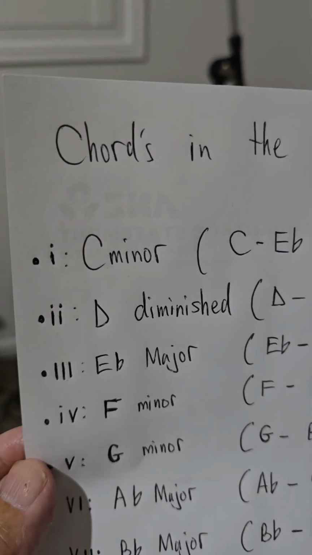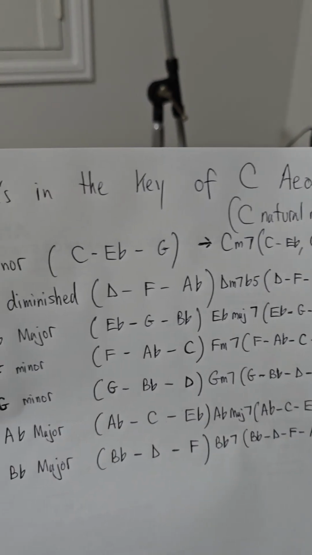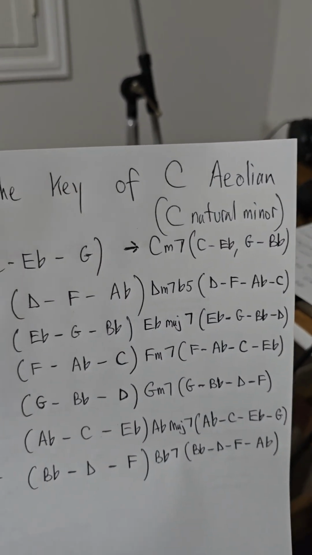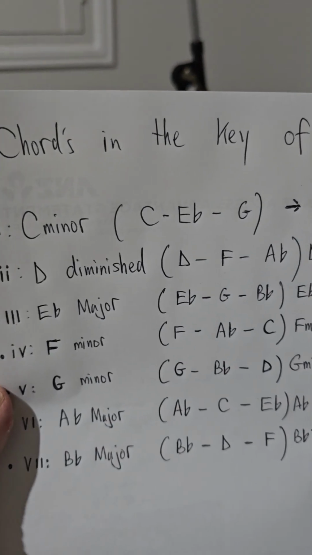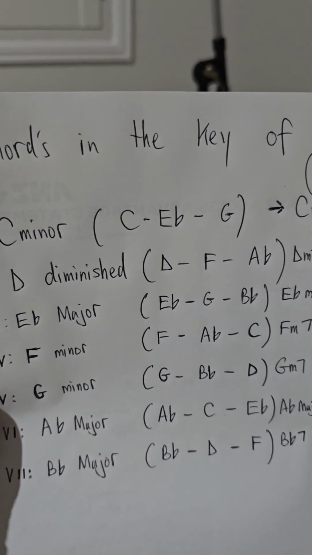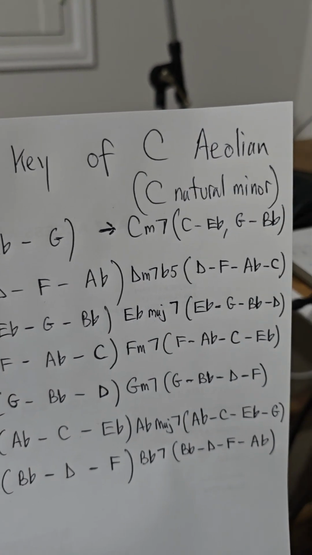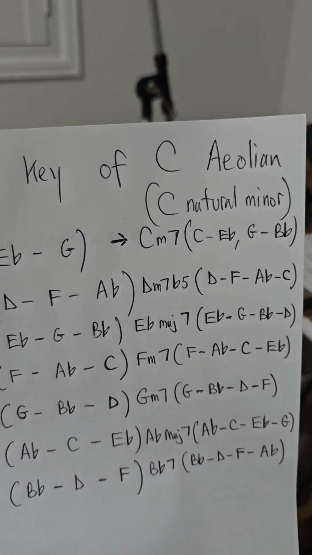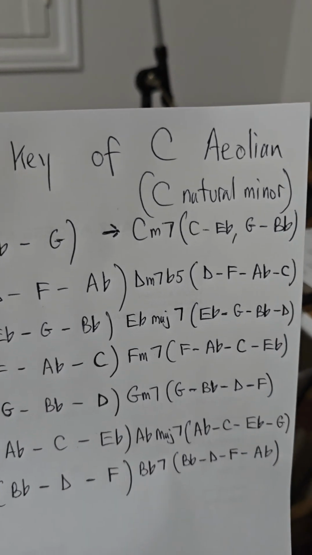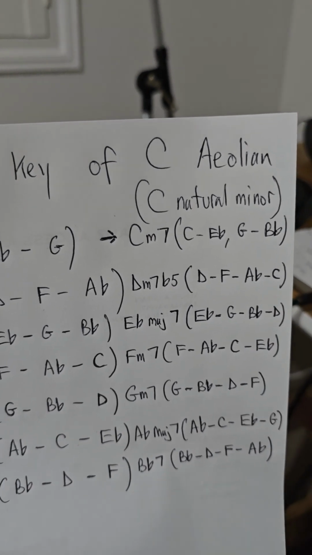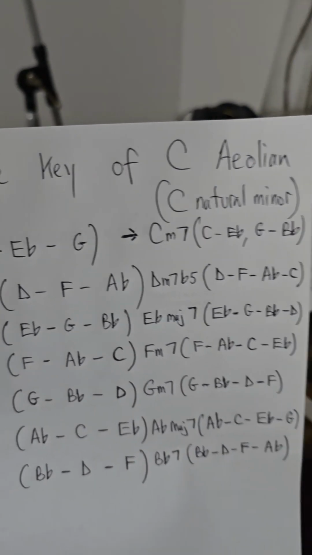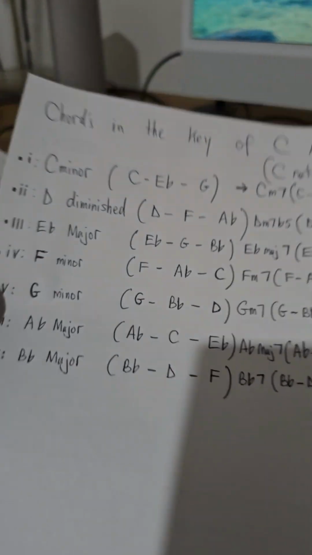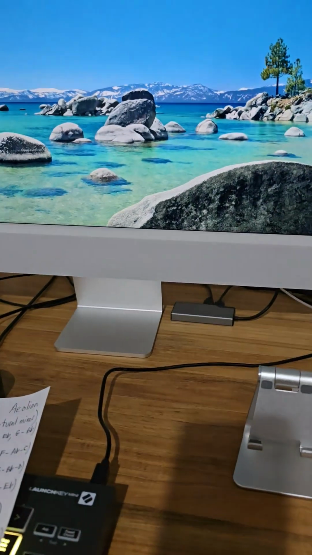And so C minor seventh, then we have D diminished, which is D, F, A flat, or D minor 7 flat 5 with an extra note, D, F, A flat, C. The C natural being the seventh.